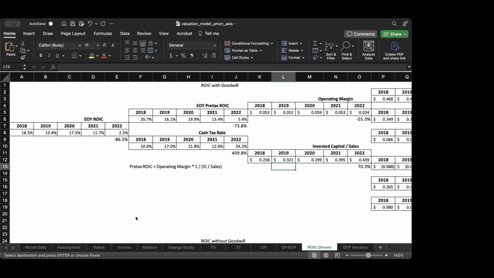And we can see that this is mainly due to the increase in the cash tax rate, which increased by 409.8% over the 5 years. And the EOY pre-tax ROIC went down by 73.8%. Both of these had a negative effect on the ROIC, but I think the cash tax rate had a larger effect on it.